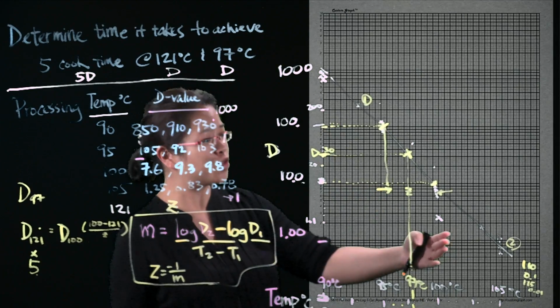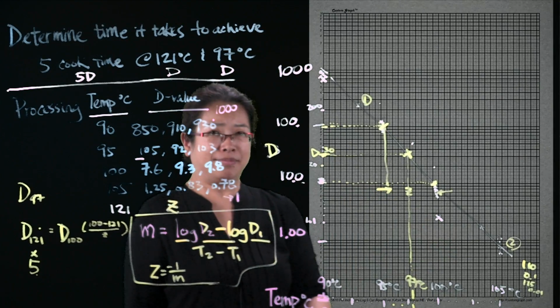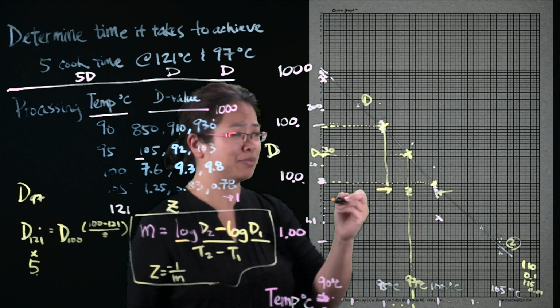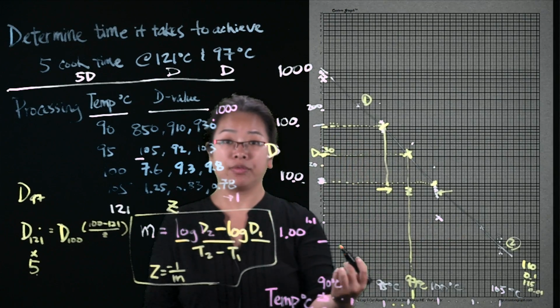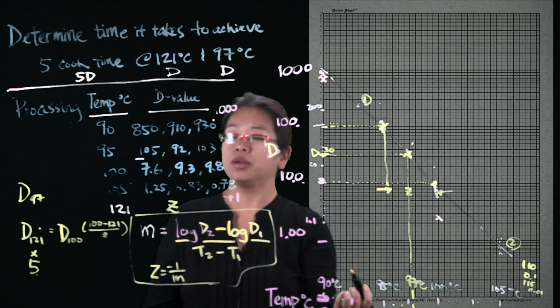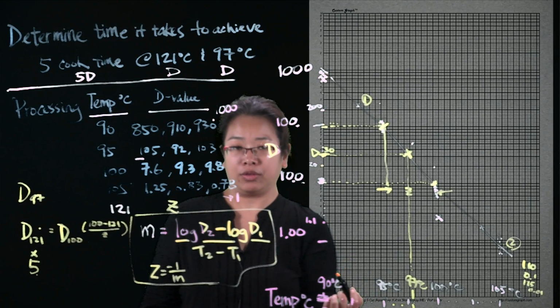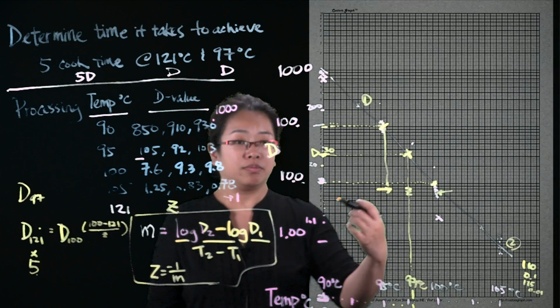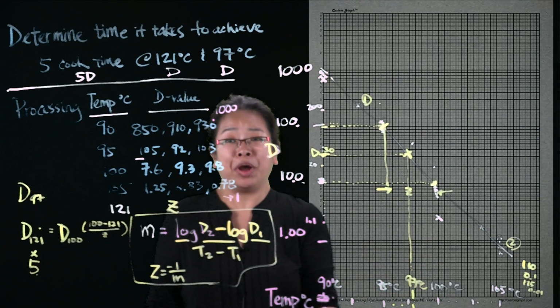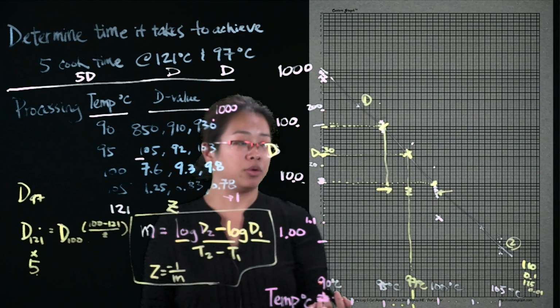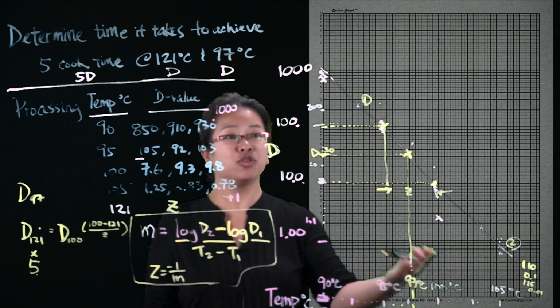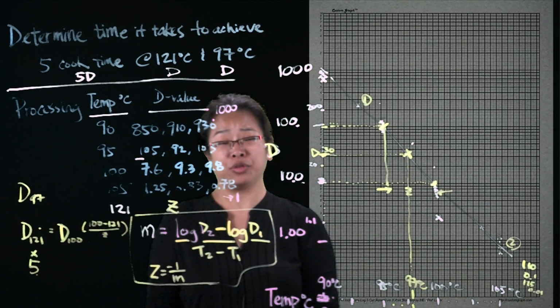My graph here is not very accurate because of my freehand drawing. So it would be about 30 minutes times 5 log cycles, 150 minutes of processing. So as you can tell, this shows how powerful high temperature short time processing is: a matter of seconds versus more than 2 hours of processing.